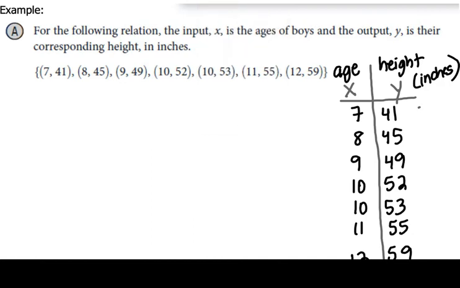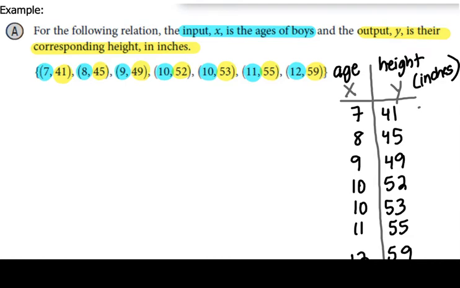So sometimes I'll highlight the input x is the age of boys, 7, 8, 9, 10, 10, 11, 12. And then the output y is their corresponding height, 41, 45, 49, 52, 53, 55, 59. So sometimes I use color to bring out the picture.